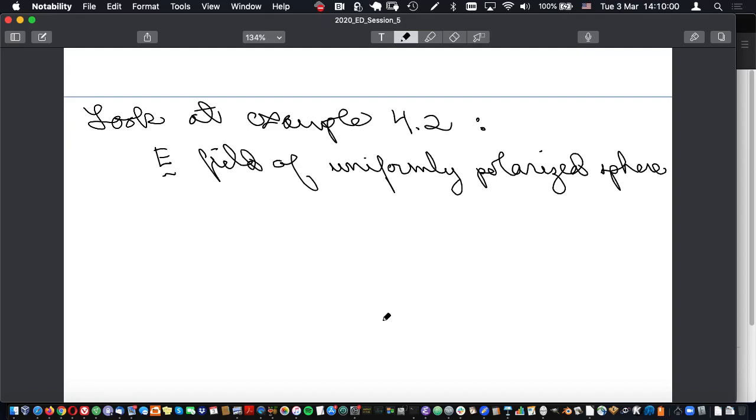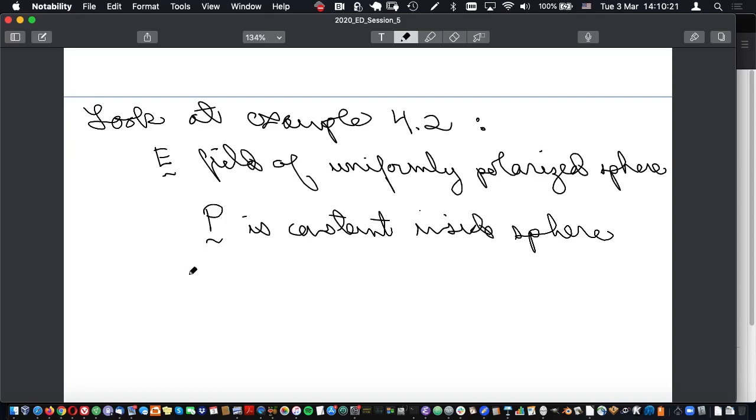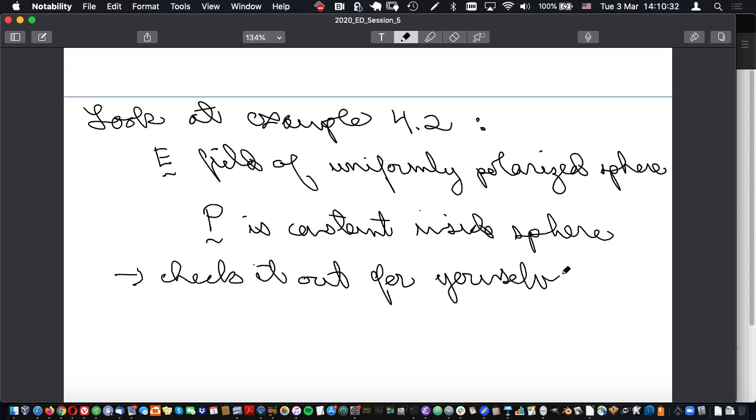Essentially, what you will see is that you have a sphere which is uniformly polarized. What we mean by this is that P is constant inside the sphere. Check it out for yourselves; it's not that complicated.